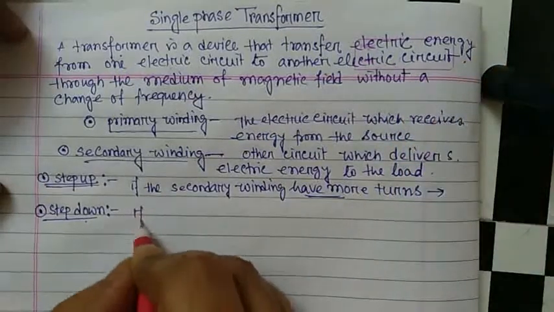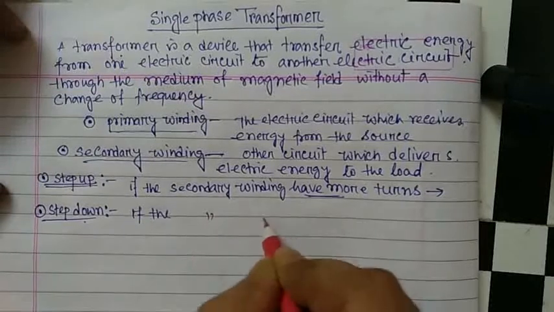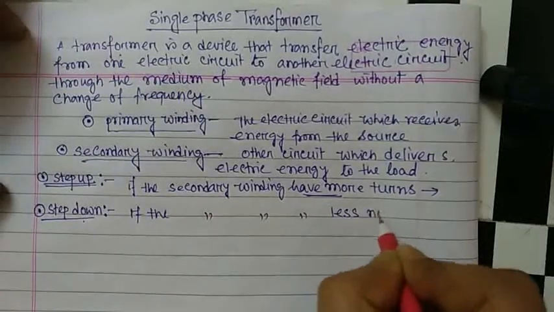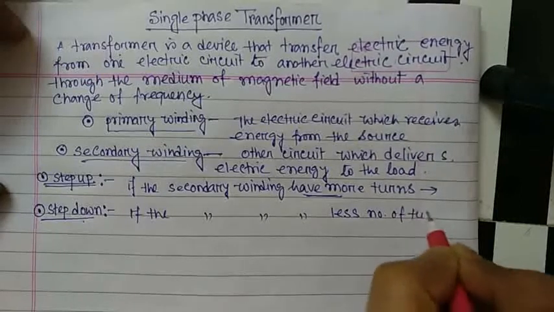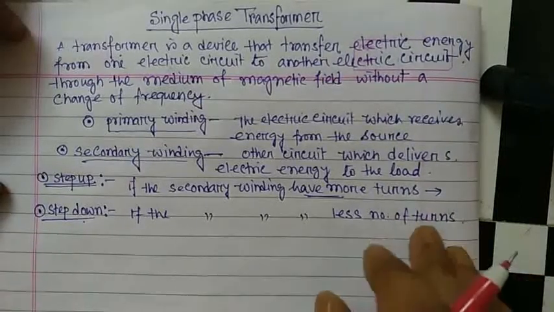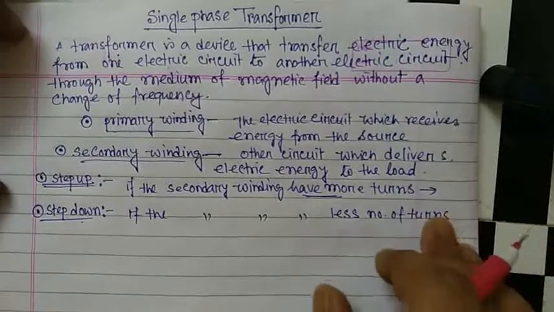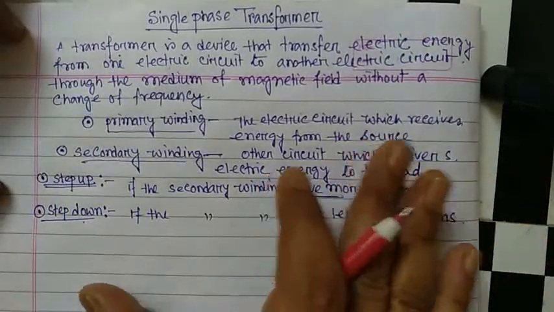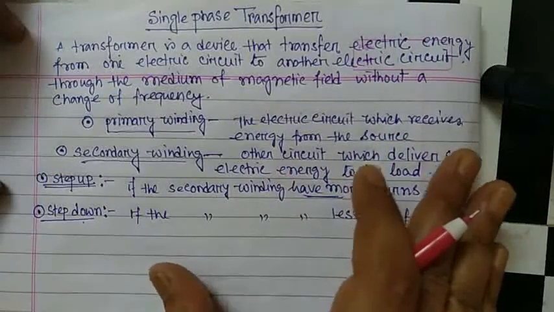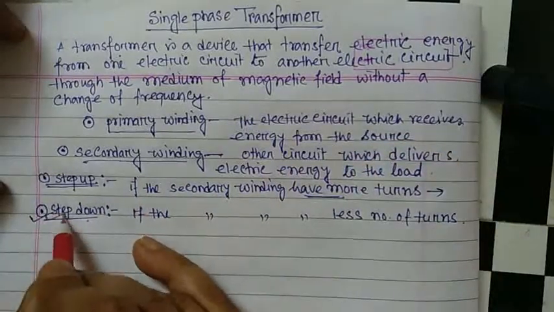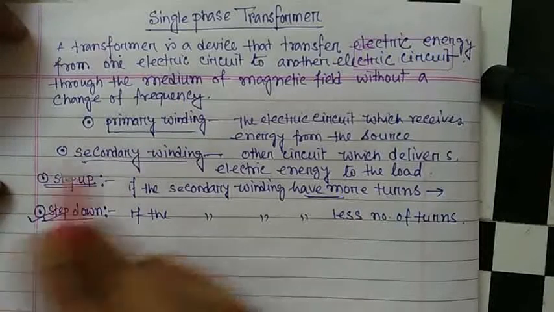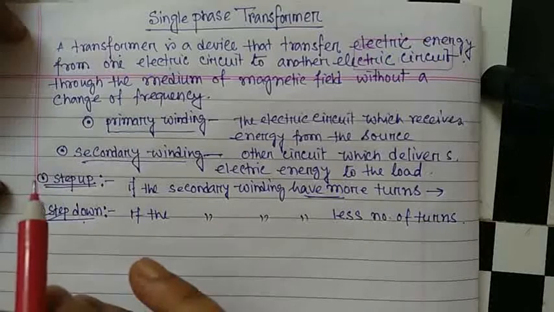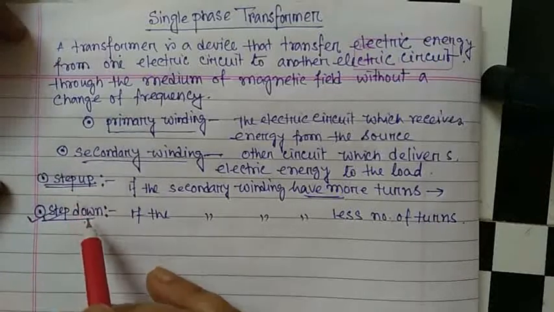If the secondary winding has a smaller number of turns, then the secondary winding voltage is less than the primary winding voltage, so the transformer is called a step down transformer. So basically transformers are step up and step down.